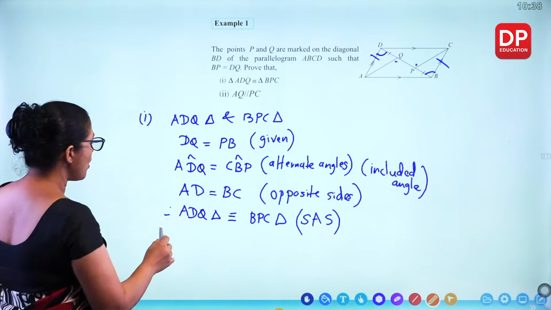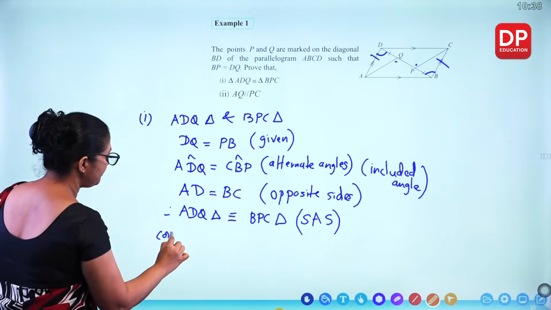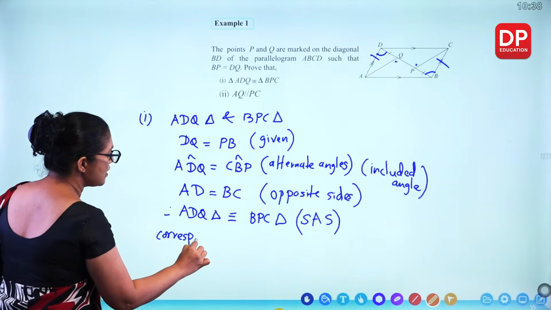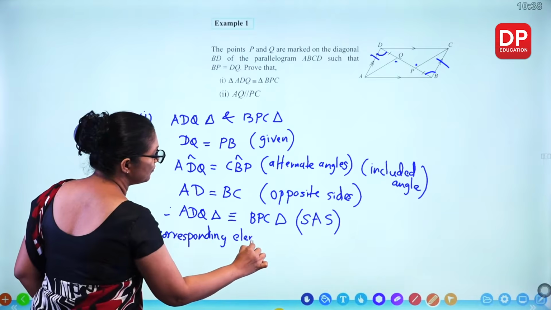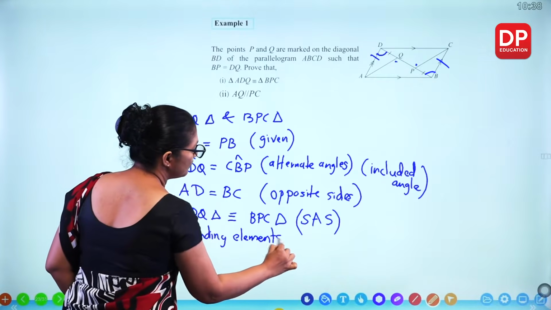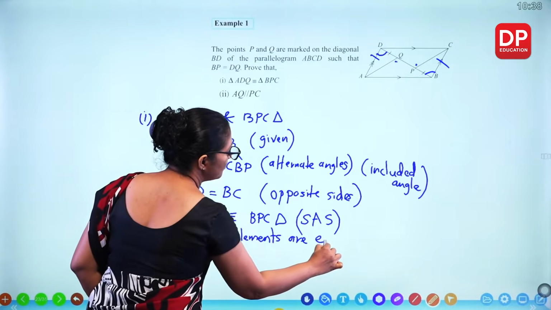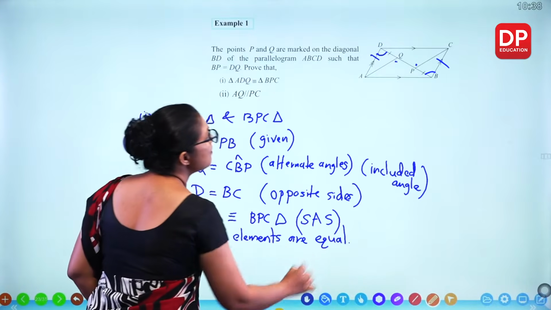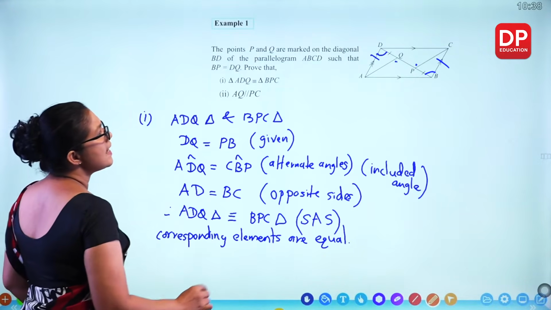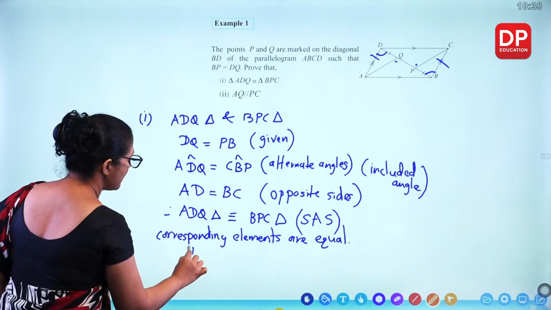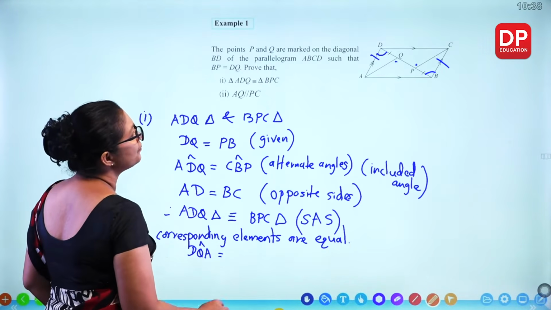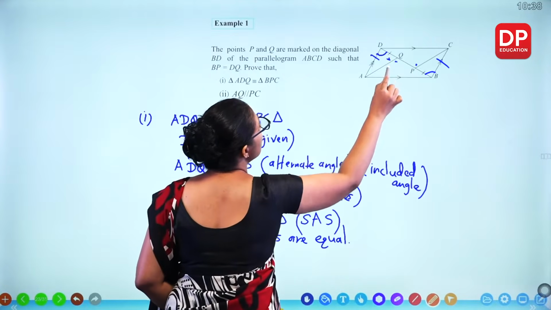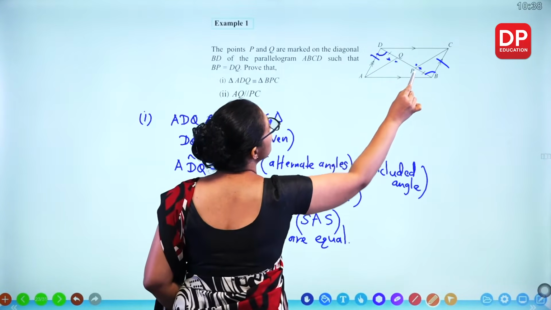Then corresponding elements are equal. So what are the corresponding elements we need? We can say DQA angle is equal to this one.